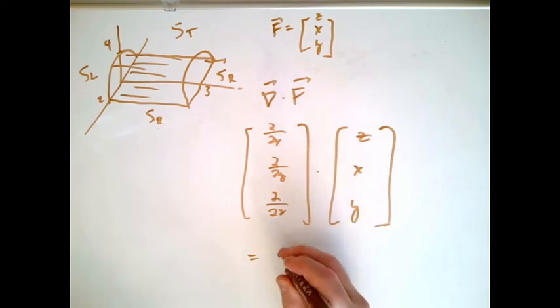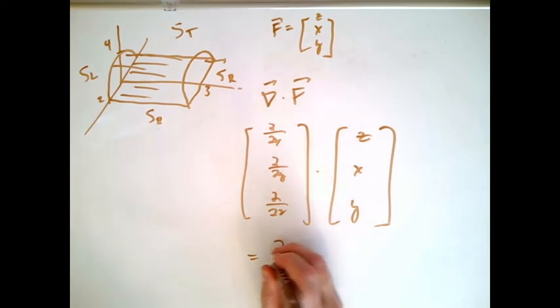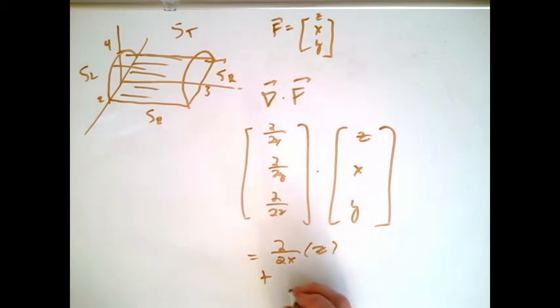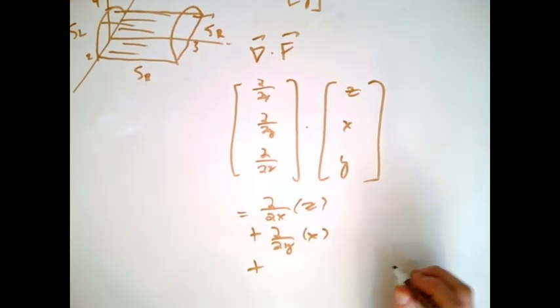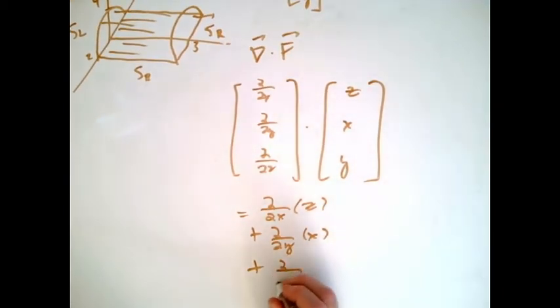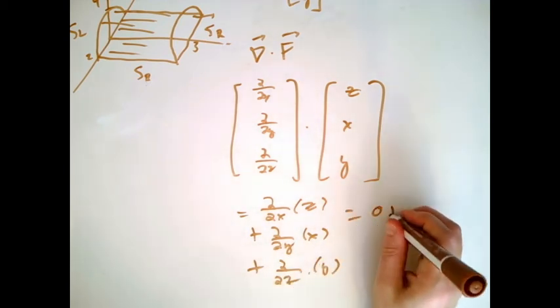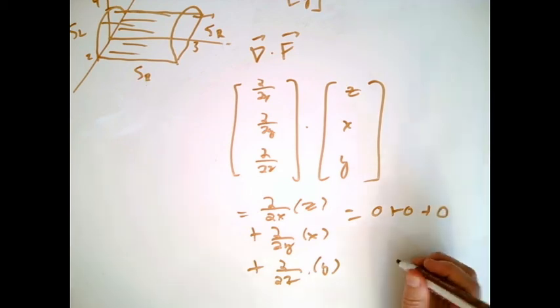Now, we're not really dotting, we're just putting this next to this, this next to this, this next to this. So we're going to get the partial derivative with respect to x of z plus the partial derivative with respect to y of x plus the partial derivative with respect to z of y equals 0 plus 0 plus 0.